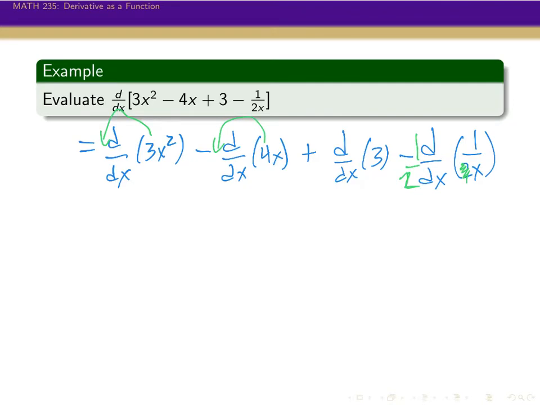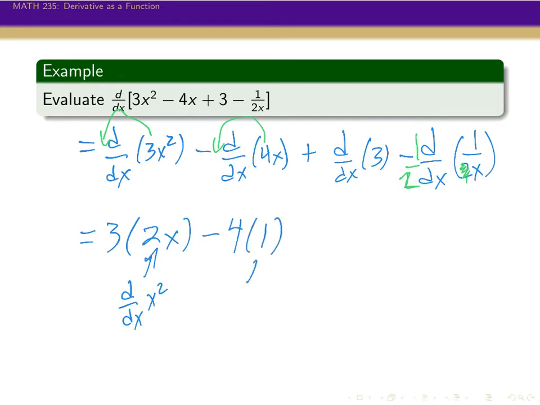Then I have 3 times the derivative of x squared. We just saw that the derivative of x squared is 2x. Then minus 4 times the derivative of x, which is 1.